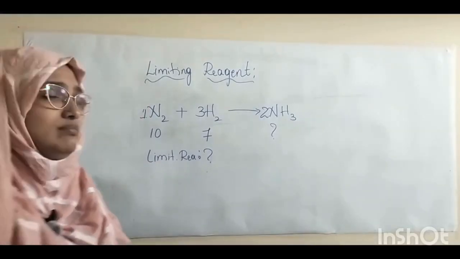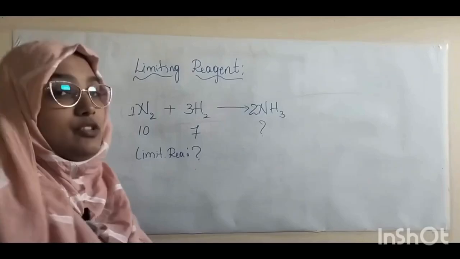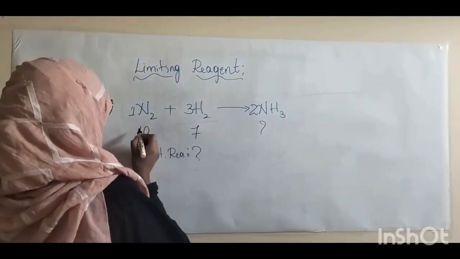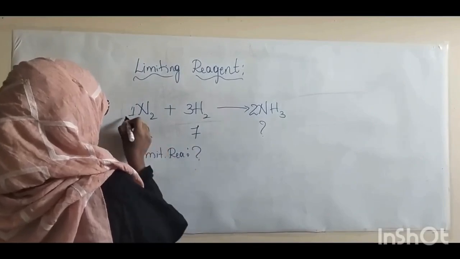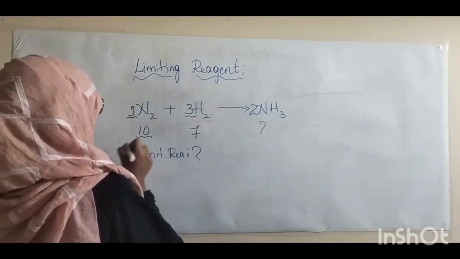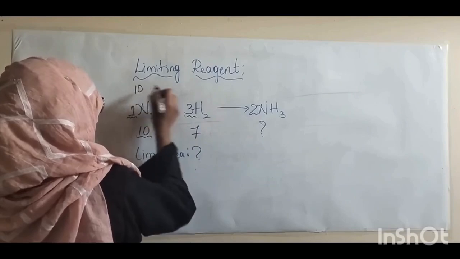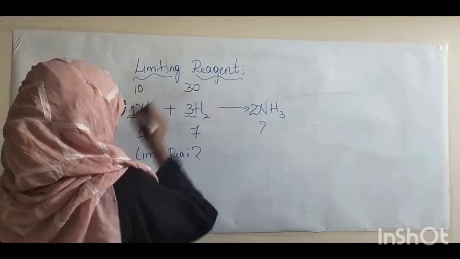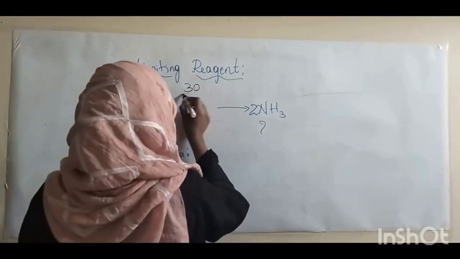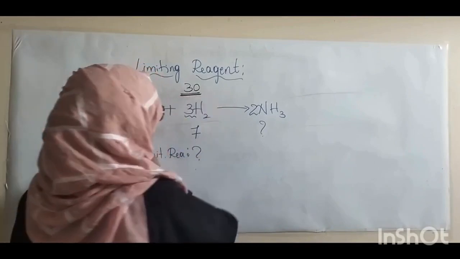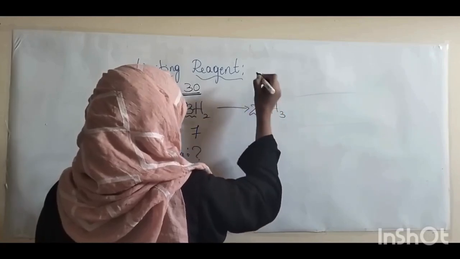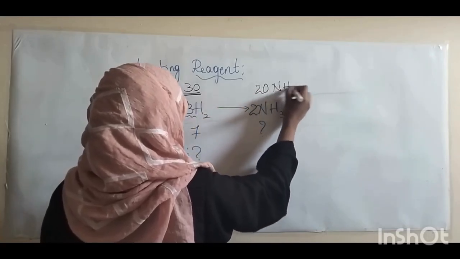Think for a while. According to the reaction, if you see carefully, we have 10 moles of N2, and each mole requires 3 moles of hydrogen. So 10 moles means we require 30 moles of hydrogen, and if we had 30 moles of hydrogen, we could have 20 moles of ammonia.